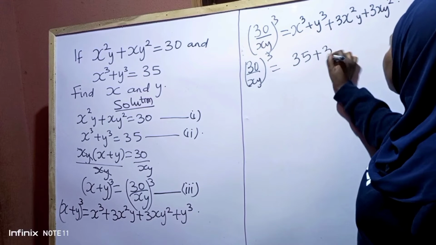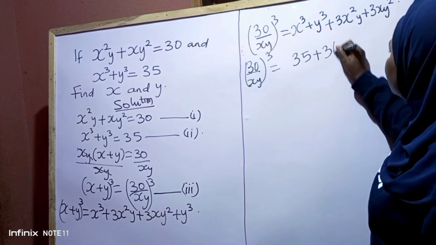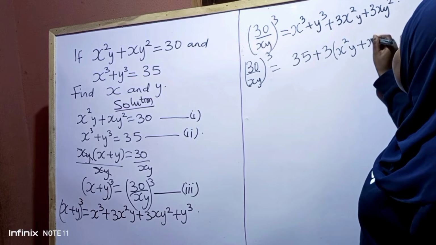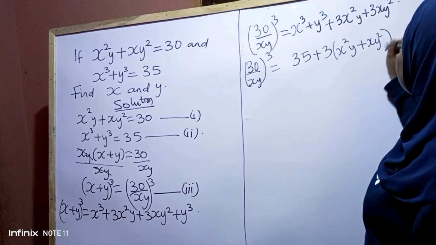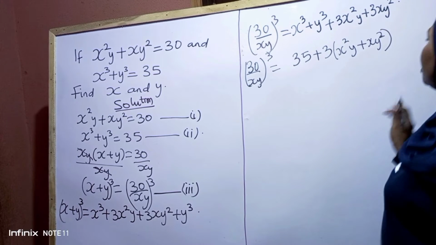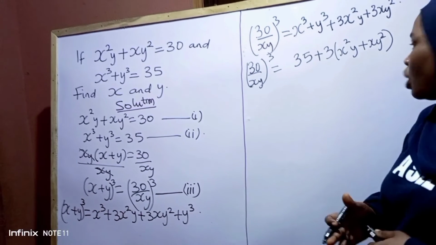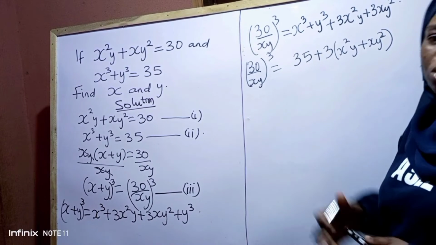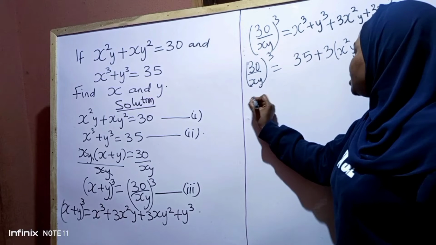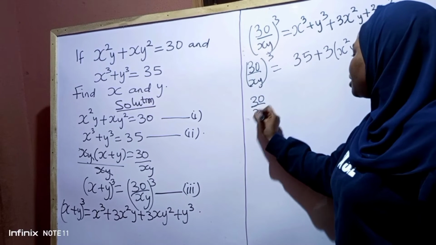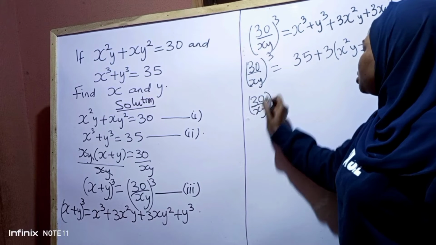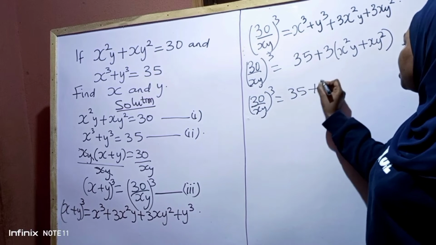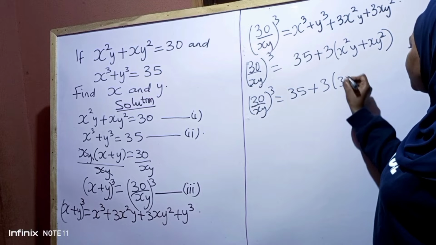Plus, let's factorize 3 out from this one. So I have 3 into bracket x squared y plus xy squared. Anywhere I see x squared y plus xy squared, I'm going to put 30 there from equation 1. So I have 30 over xy cubed is equal to 35 plus 3 into bracket 30.